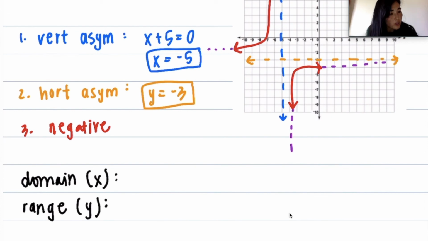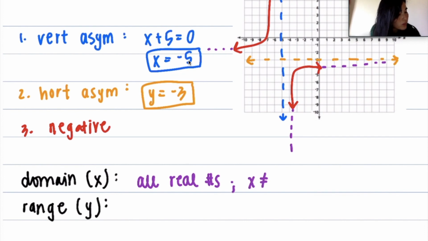Domain is going to be all real numbers because we just saw it's going to extend all the way to these positive values. It's going to extend all the way to these negative values. Except it does not exist at one place, at our asymptote. So we would say all real numbers, but then we would put, except x cannot equal -5. So it exists everywhere but -5.